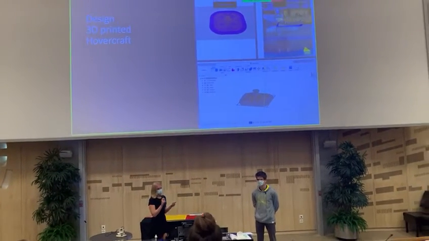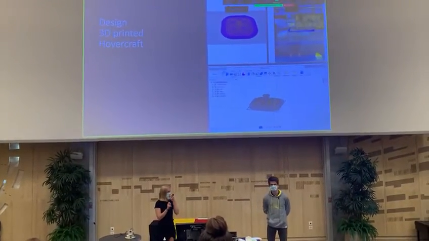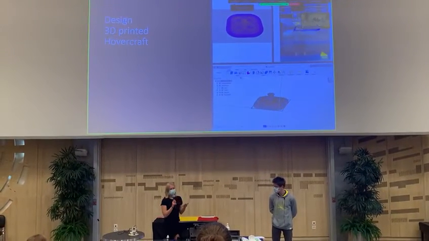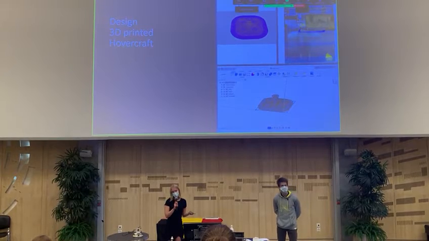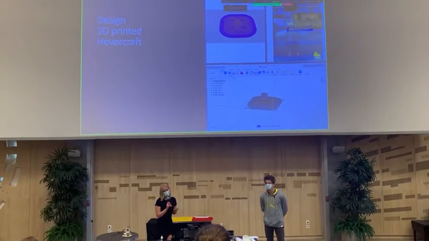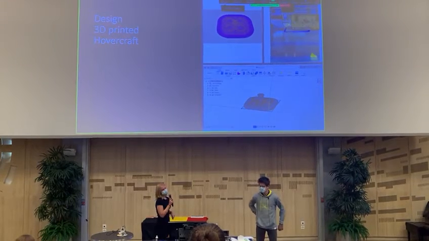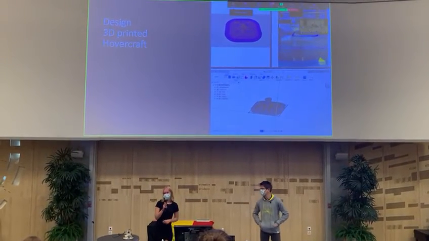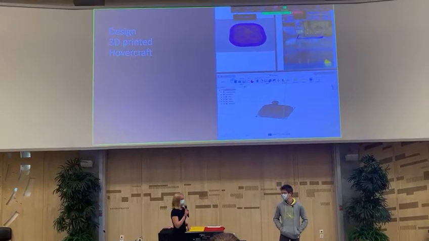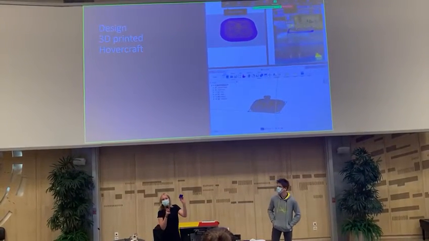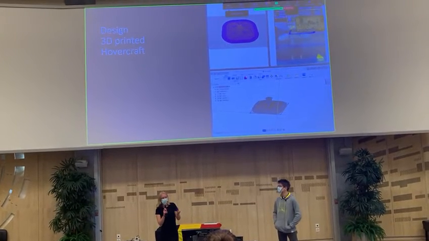And that's actually also what we did. We designed a hovercraft. We had to think of the best form, and after we were happy, we 3D printed it. Turns out it's not that easy, because we both had a pretty big problem with our hovercraft. Like mine, you can see it's pretty small, so you will probably not be able to see it.